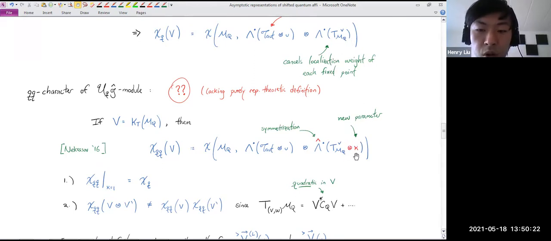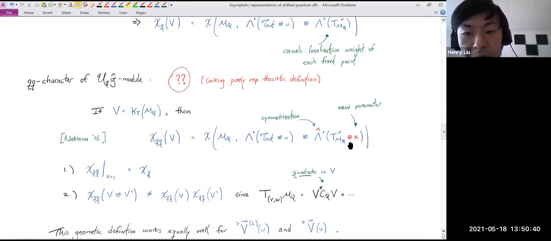And this new parameter we'll call kappa, very suggestively, because we had a kappa earlier when we enlarged our torus. Later, we'll see that these two kappas are secretly the same. Or maybe the same up to an inverse or something, I don't know. So we'll introduce this new parameter kappa, okay?